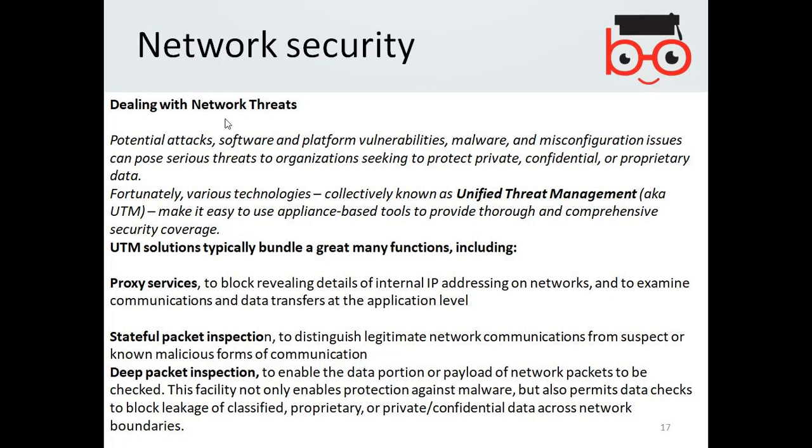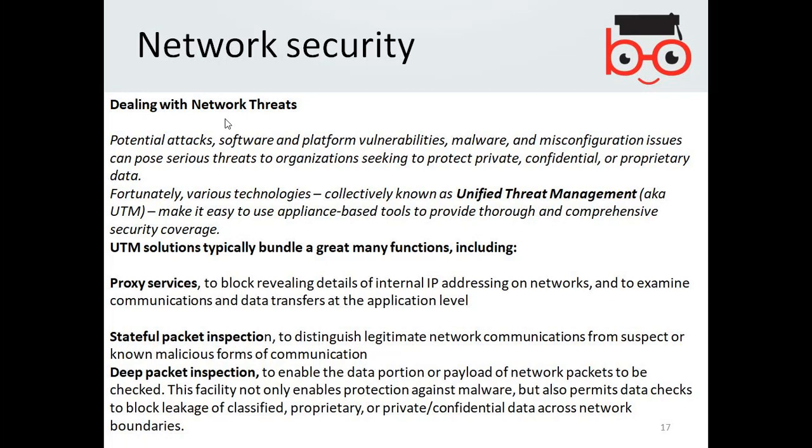So if any attack on software, platform vulnerability, malware or misconfiguration issue happens, then it is a threat to the organization, where someone is trying to get the private and confidential data.